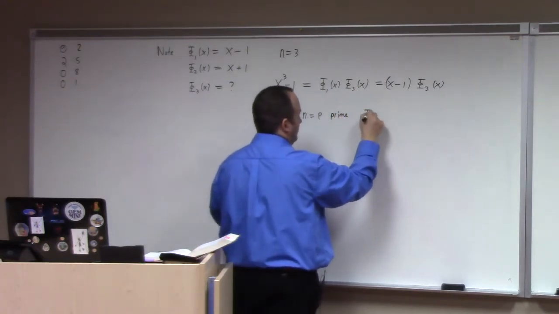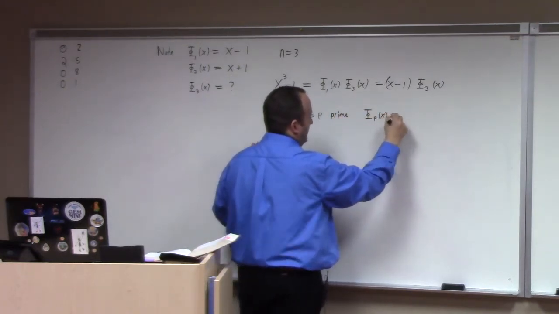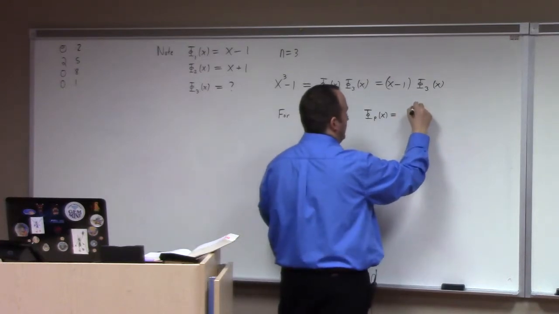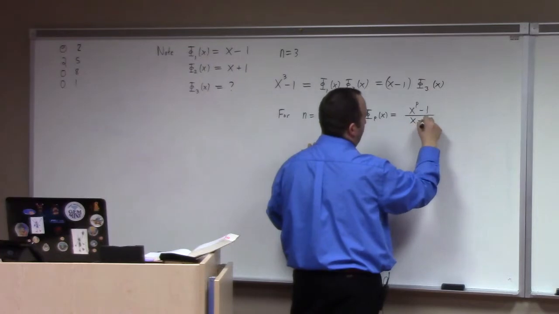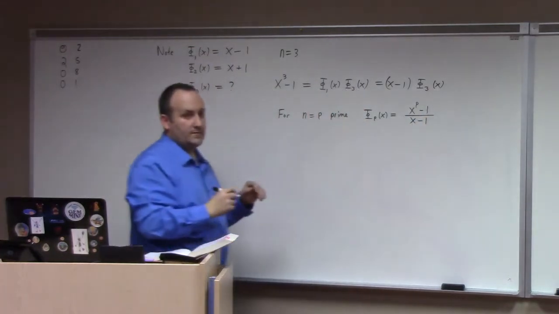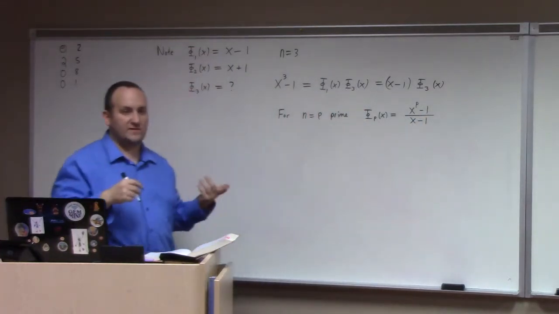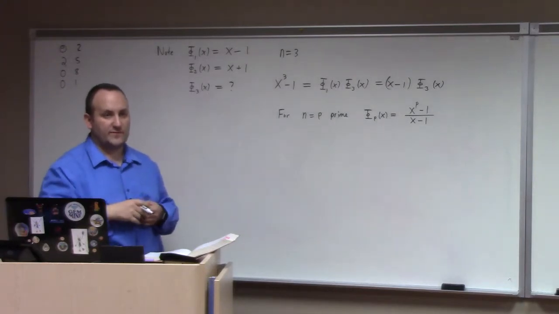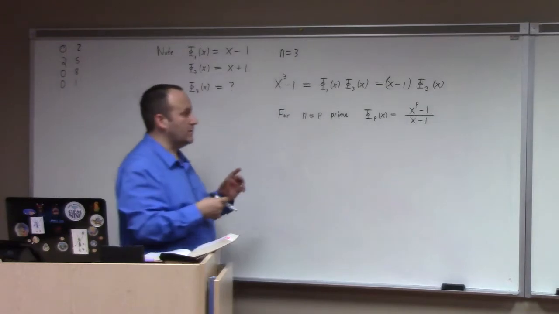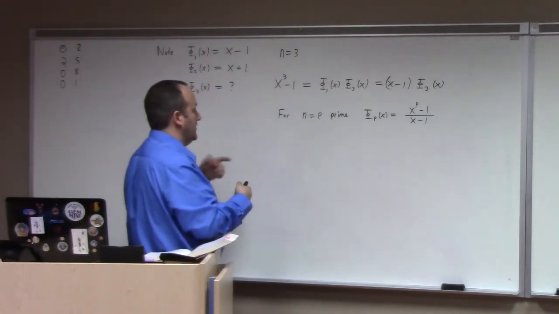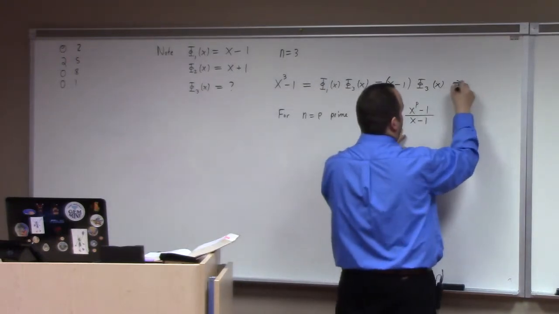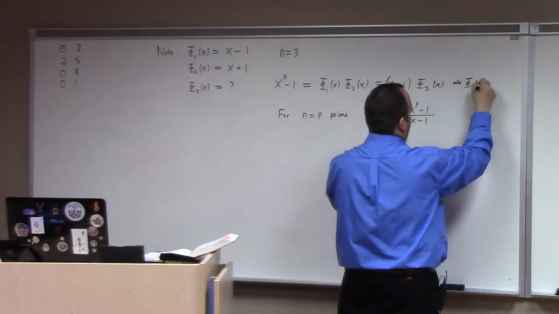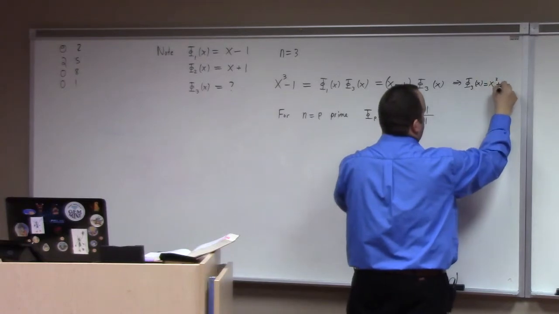We can define phi p of x as equal to x to the p minus 1 over x minus 1, quote unquote, where that's an invitation to do the long division and come up with whatever it comes out to, right? Okay, so great. So you do the long division here, and what does phi 3 of x tell you? X squared plus x plus 1, right?